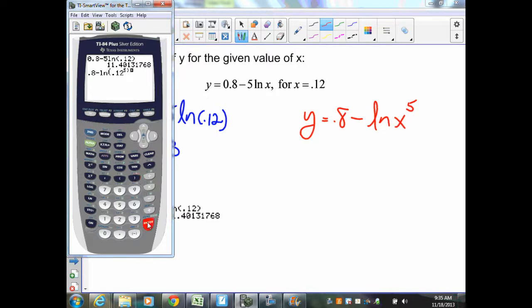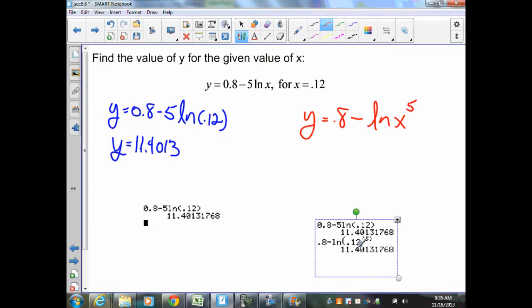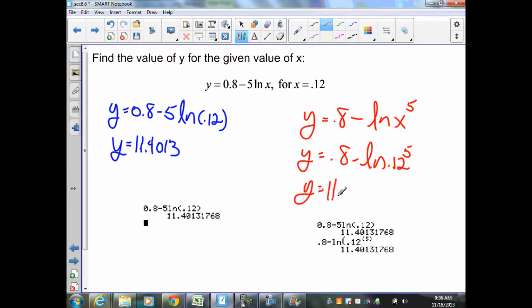And when I do, I'm going to get, notice, the same exact solution. So y equals 0.8 minus ln 0.12 to the 5th power, and I still get y equals 11.4013. Just follow your properties of logarithms and substitute into the calculator, and the values will work out the same.